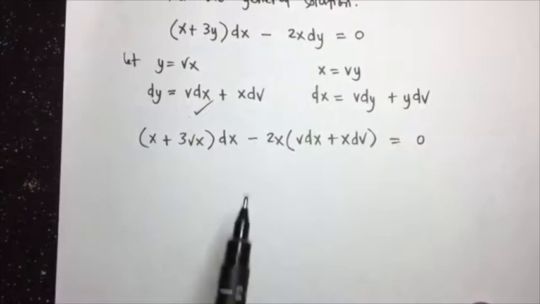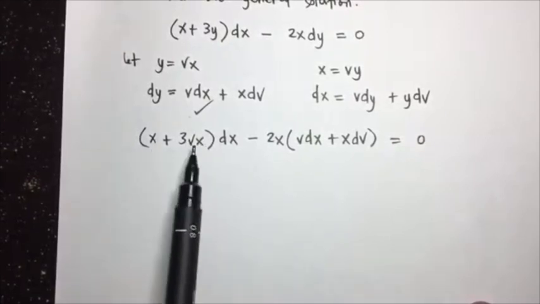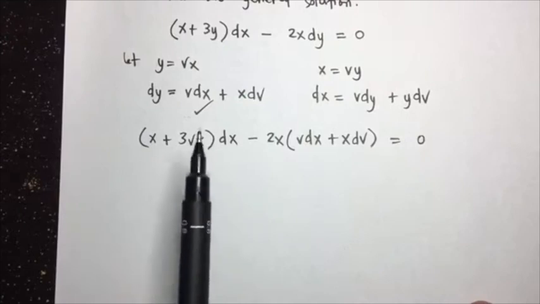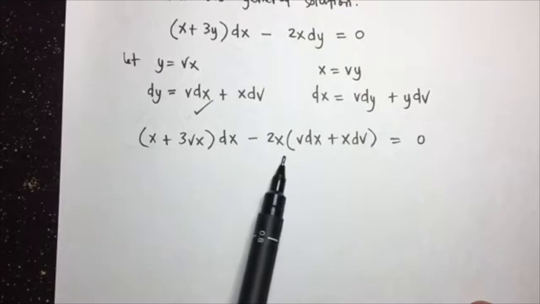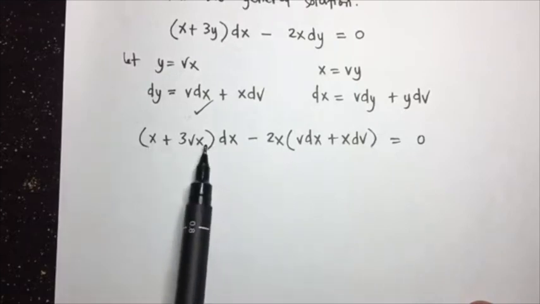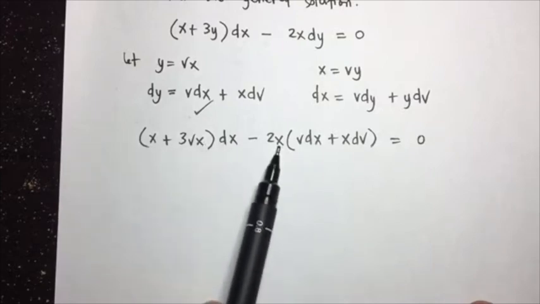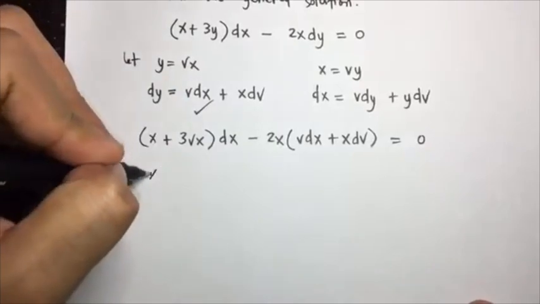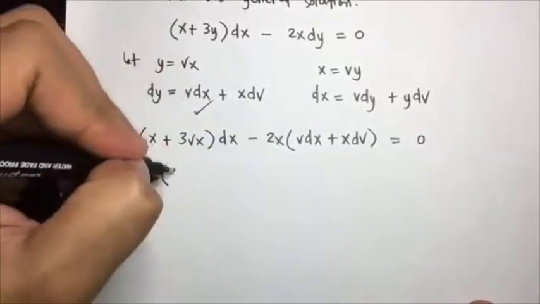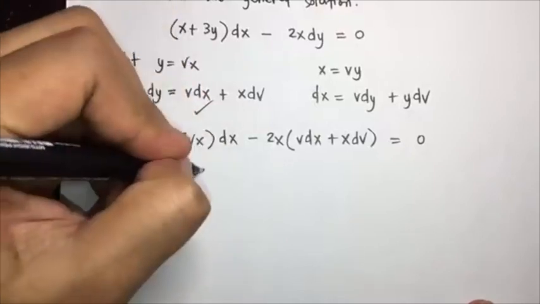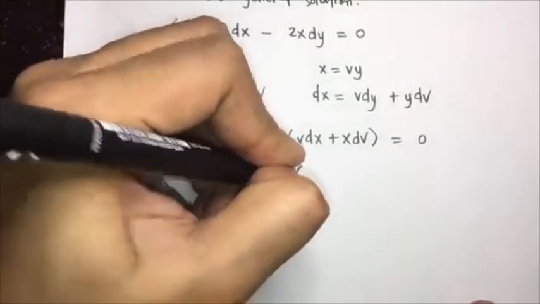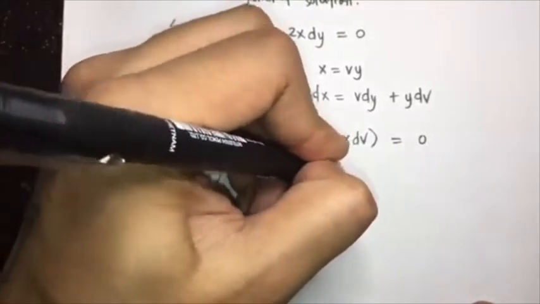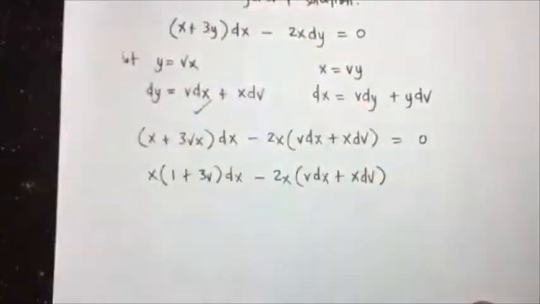Before we proceed, for a homogeneous ordinary differential equation, after the substitution, some variables must cancel out. In this case, we can cancel out x because in the first term x is a common factor, and here we have x. If we factor x, what will remain here is (1 + 3v) dx minus 2x (v dx + x dv) equals 0.